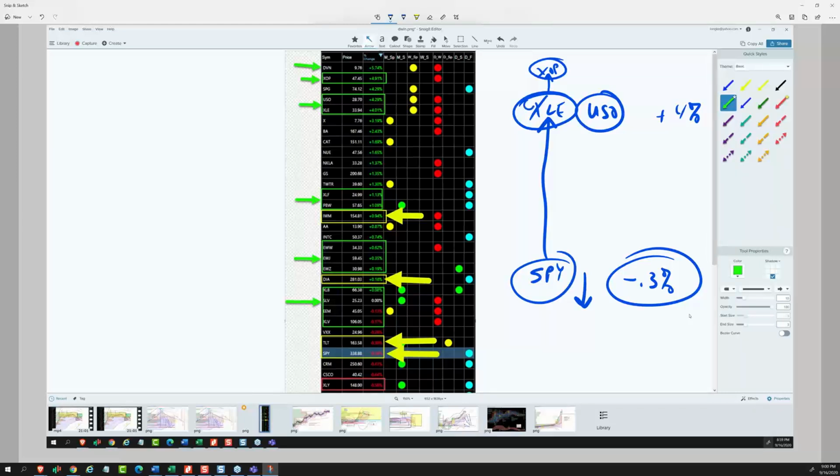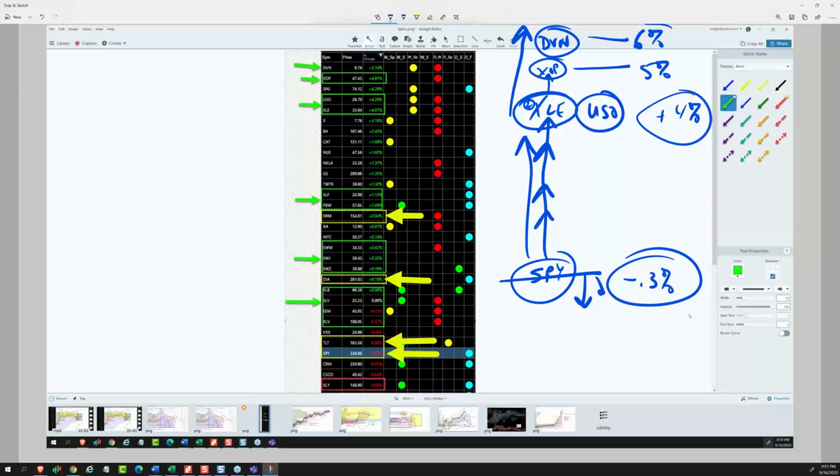That's a subset of the broad energy. And that was up 5%. And then Devon Energy, the US mid-cap guy, is up 6%. So you can see that logic chain: market flat or down a little, but energy uber strong, Devon even stronger. So it was like 2% better than the broad sector.